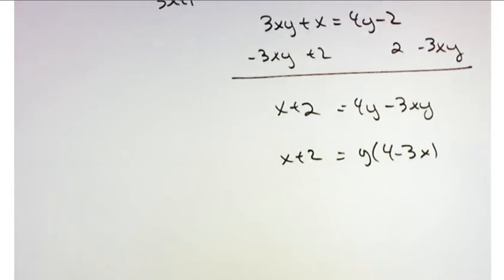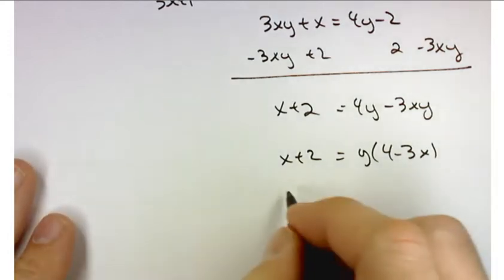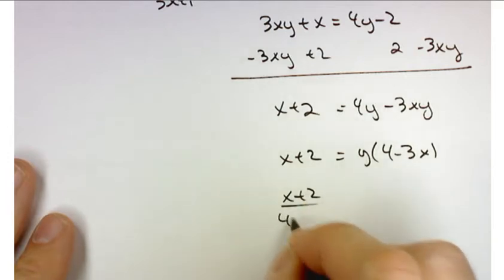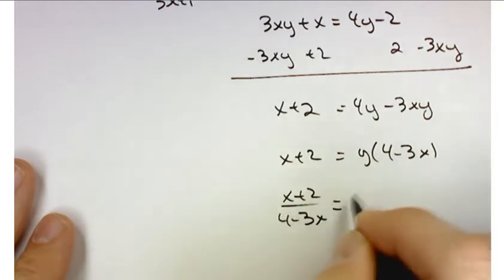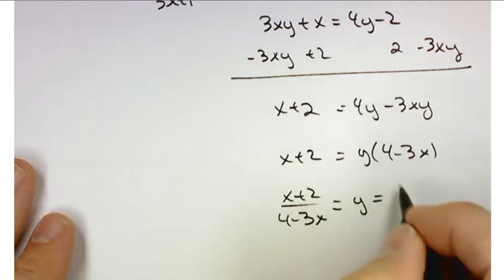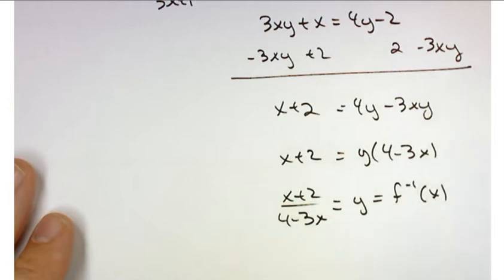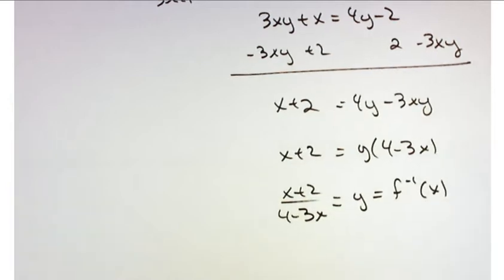To finish solving for y, divide by 4 minus 3x. So x plus 2 over 4 minus 3x equals y. And the final step is to replace y by f inverse of x. So, yay. There's your inverse function.